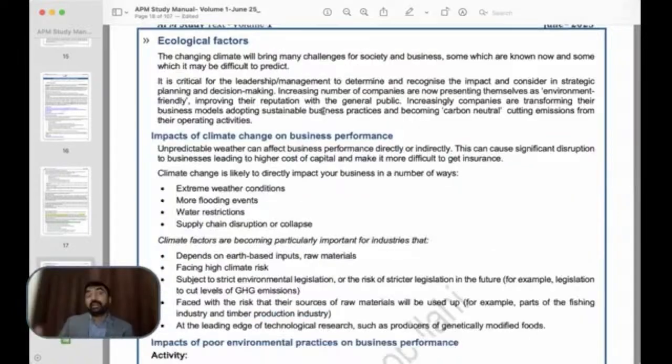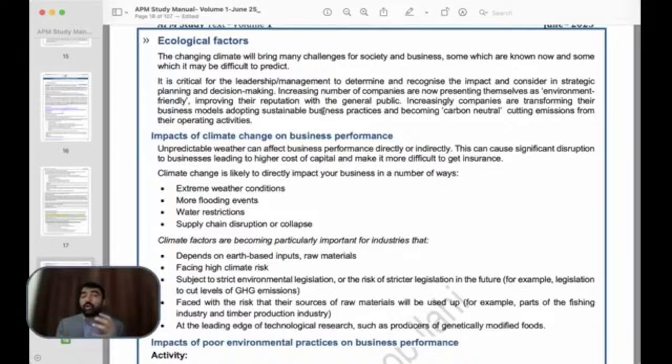The dependence on natural resources, and they are also under pressure to have more responsible and more ethical business practices. They are under pressure to be more transparent, to show transparency in their supply chains, how they are doing their business.